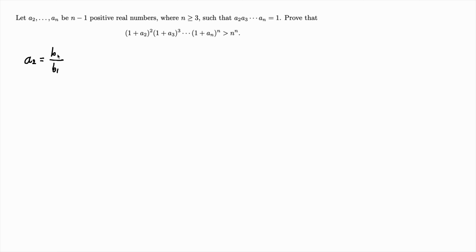And I think one hint for why we should do this is because notice that our sequence started from a sub 2 instead of a sub 1, and this will clear things out.